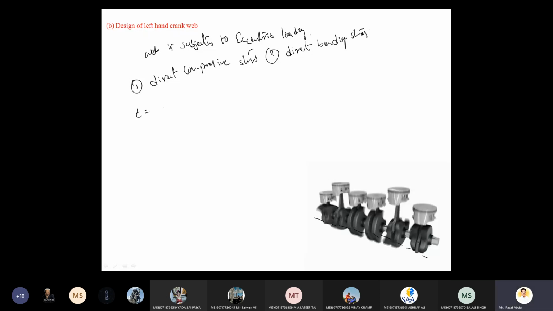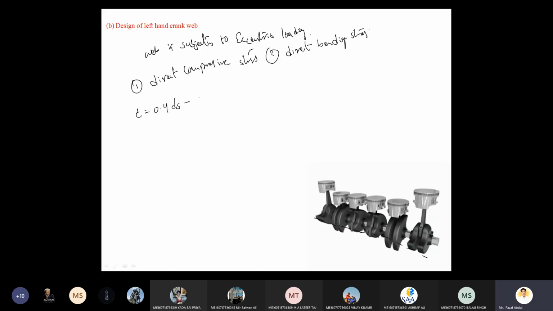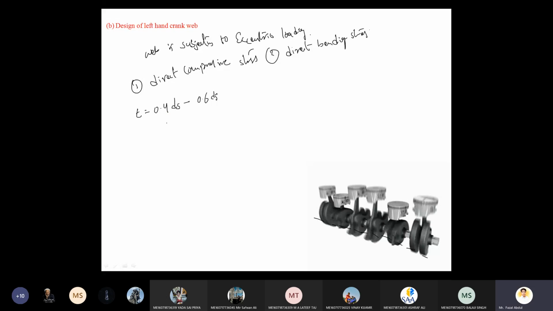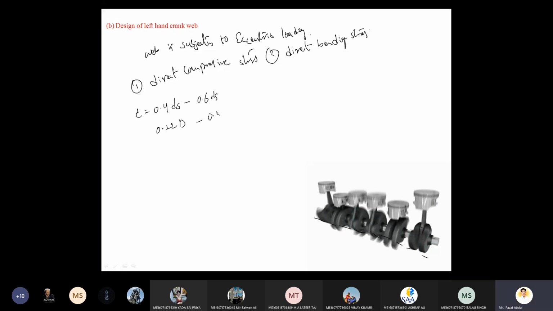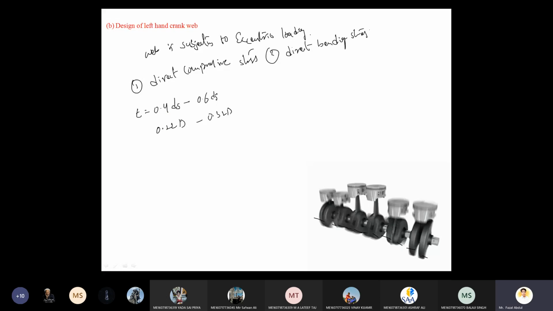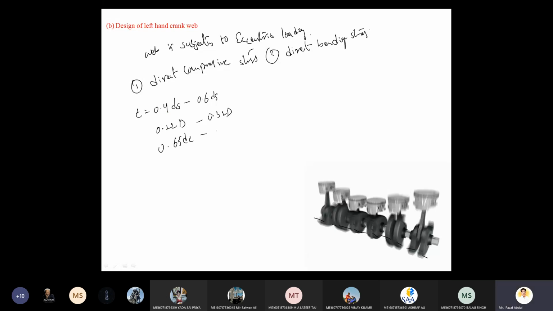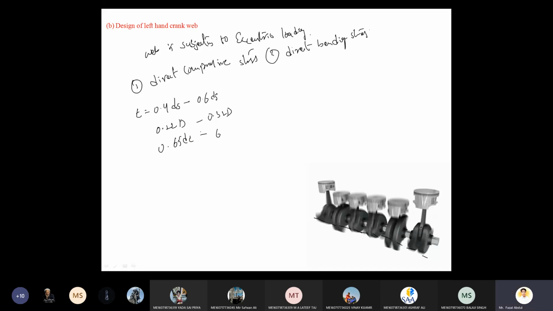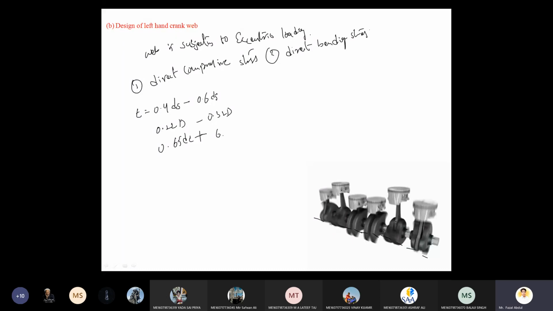Its empirical relation is 0.4 ds to 0.6 ds, or 0.22 into D to 0.32 into D, or 0.65 dc plus 6.35 mm.